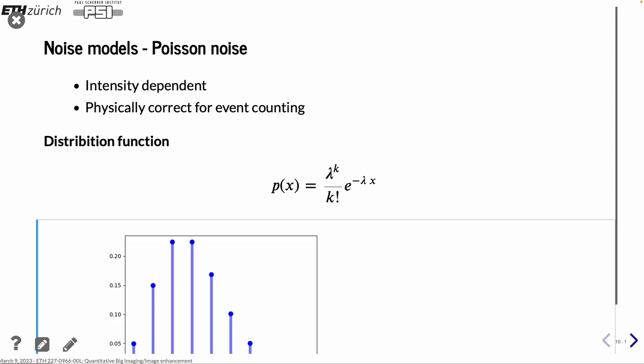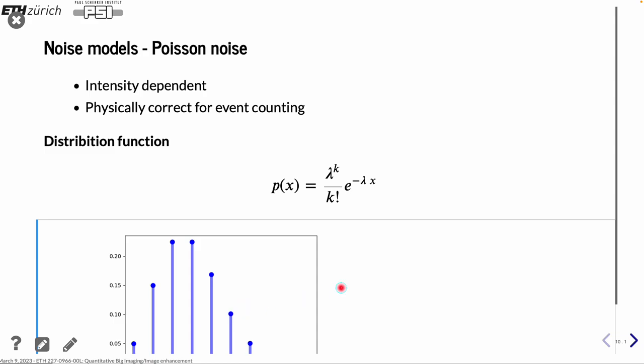We may be counting neutrons, photons, protons, whatever. Every one of these describes the noise using the Poisson distribution. And very specific with this one is that it is intensity dependent. So the distribution width is changing with the number of counts you get.